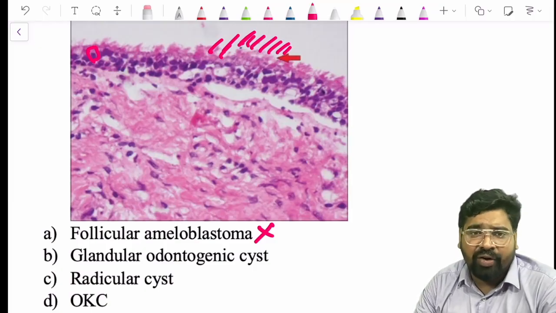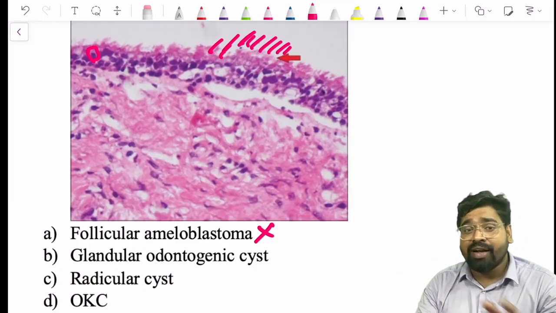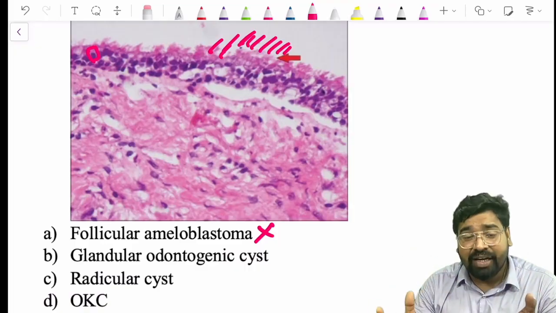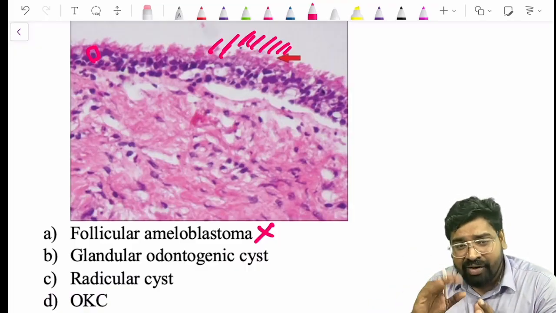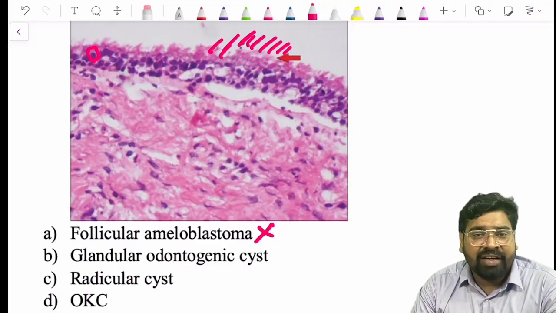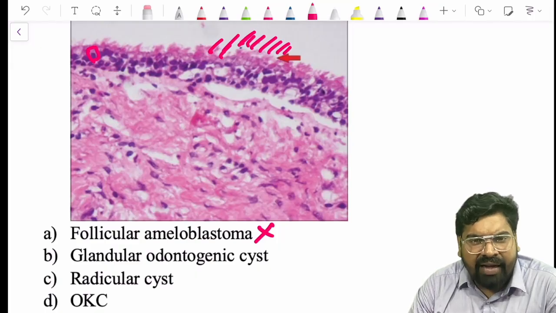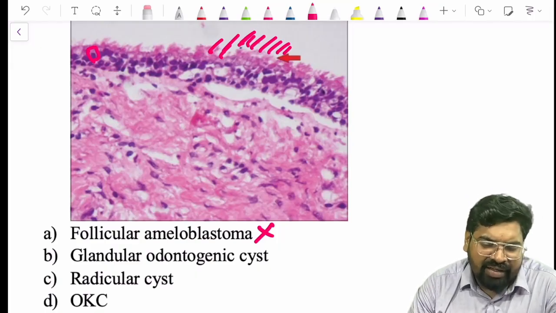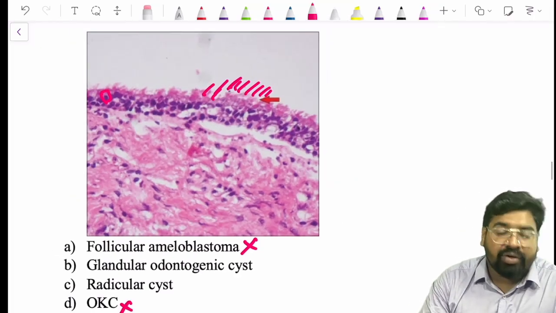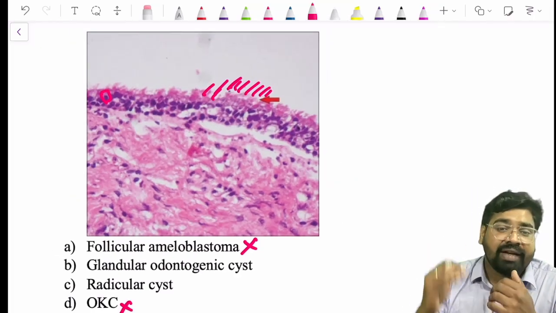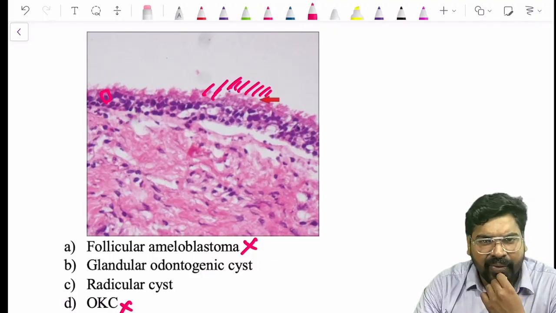Does follicular ameloblastoma look like this? The follicular ameloblastoma, we learned, has fat follicles with cystic degeneration on the central or inner side. So it is not follicular ameloblastoma. The other thing we see is it is not OKC, not at all, because OKC has 6 to 8 cell layers thick.